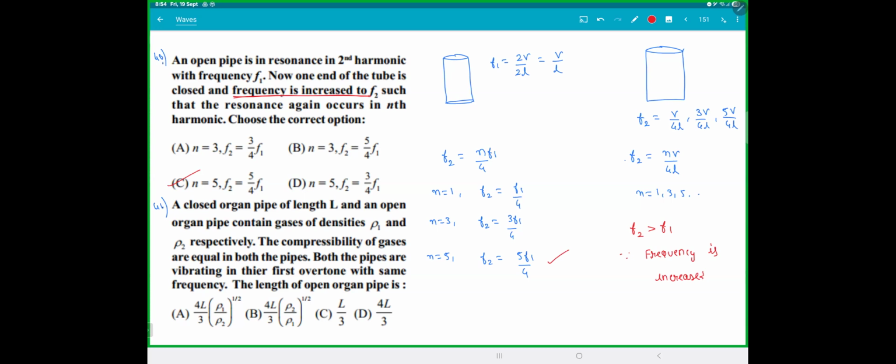Clear with that? Technically, even this is right: when N is equal to 3, F2 is 3 F1 by 4. But F2 must be greater than F1. That's why the first option, even though it is right, doesn't work because the frequency is increased. Clear what we did? 41. Keep going.